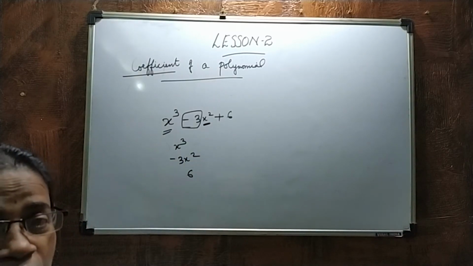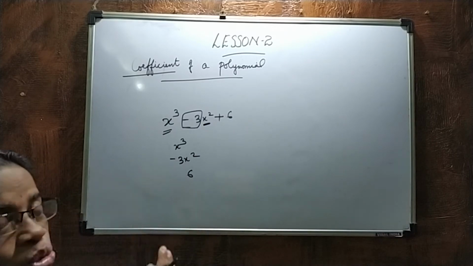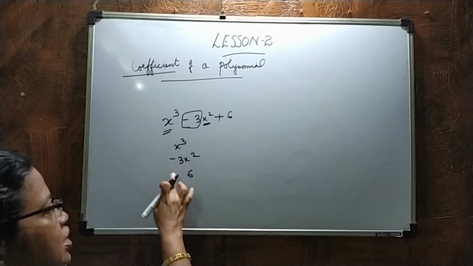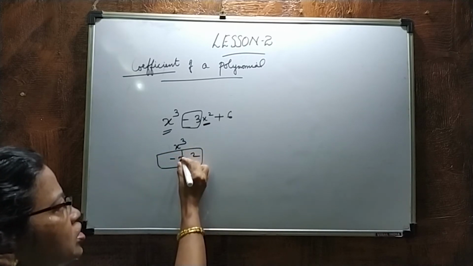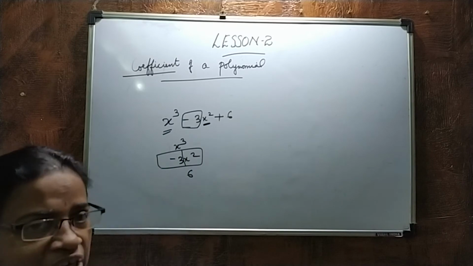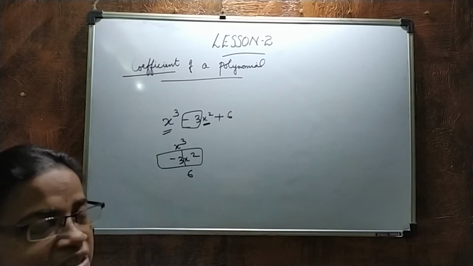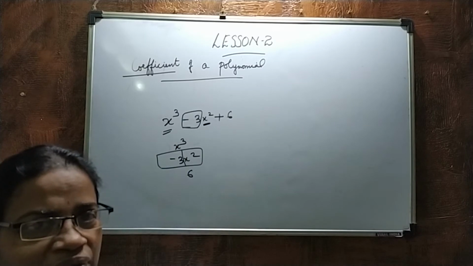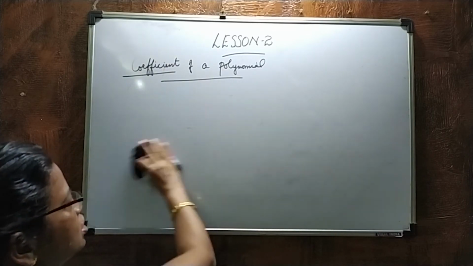Now I am asking about the coefficient of x square, right? So just look at the x square term, it is negative 3x square and the owner of x square is negative 3, right? So the coefficient of x square is negative 3. Clear? One more example I will give you and you have to write the notes.